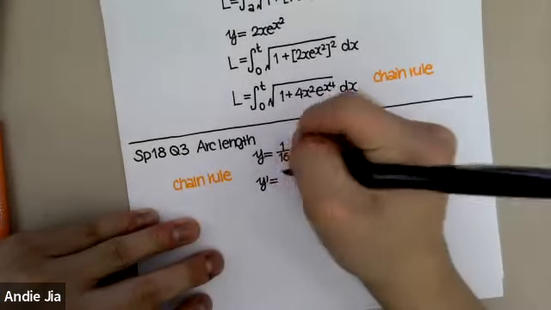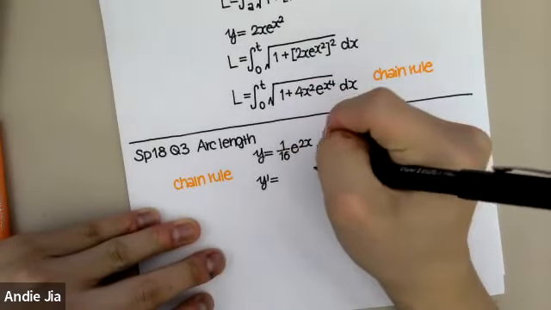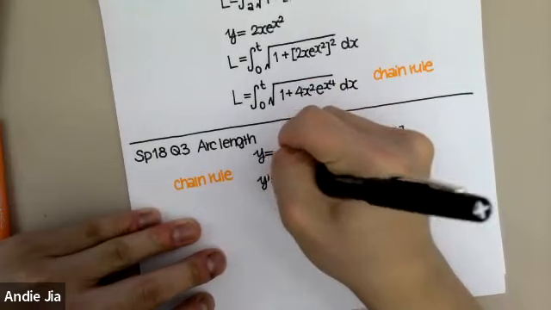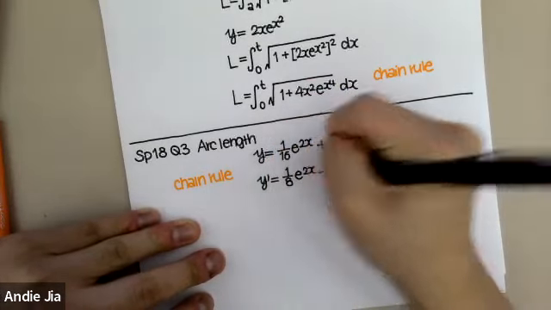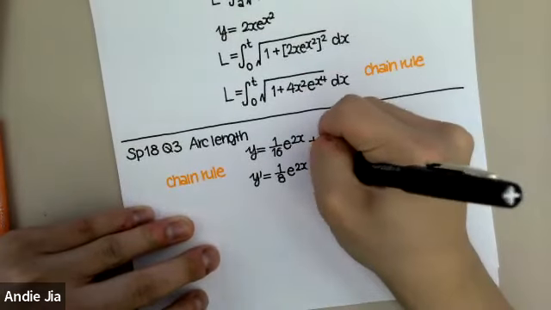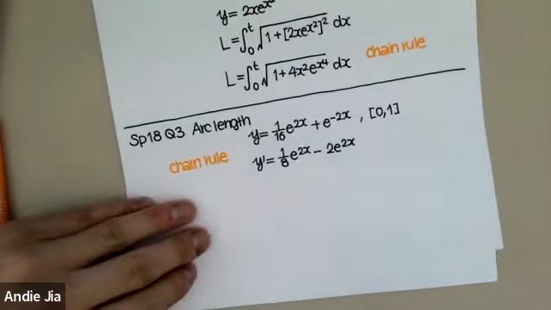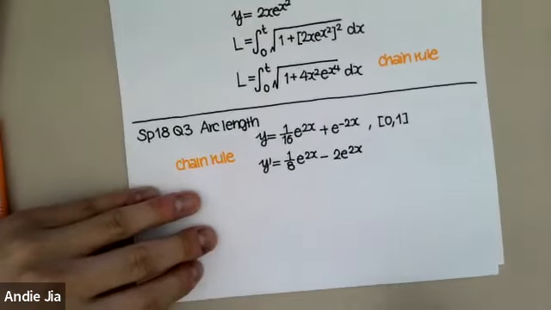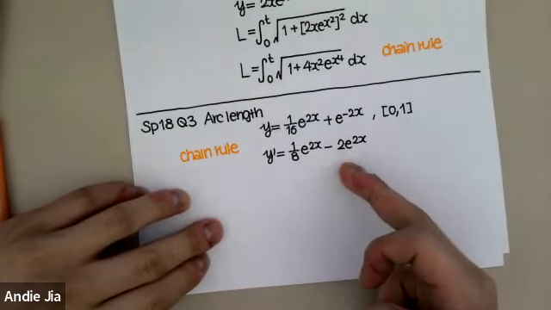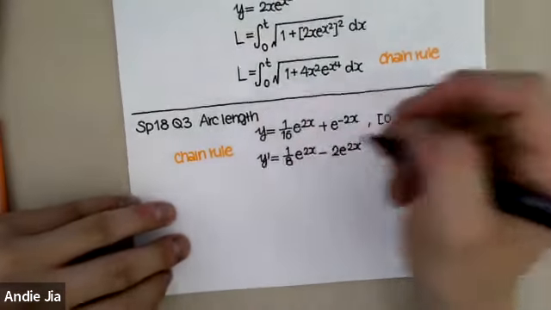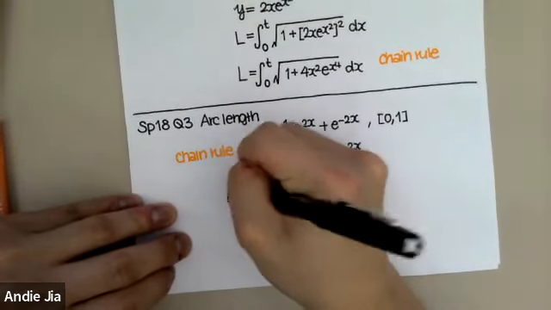It's going to be 1/8 e to the 2x minus 2e to the negative 2x. And we want to find the arc length, and then we have this interval and this derivative, so we just set up the integral.